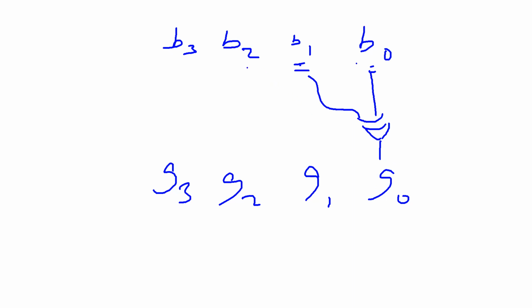And then you compare this bit and this bit, again by using an XOR gate. Then you get this bit G1. And for this one, compare again B3 and B2, XOR together. And B3 and G3 are the same.